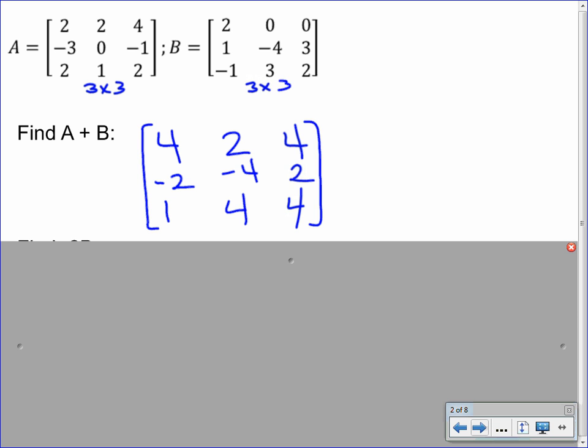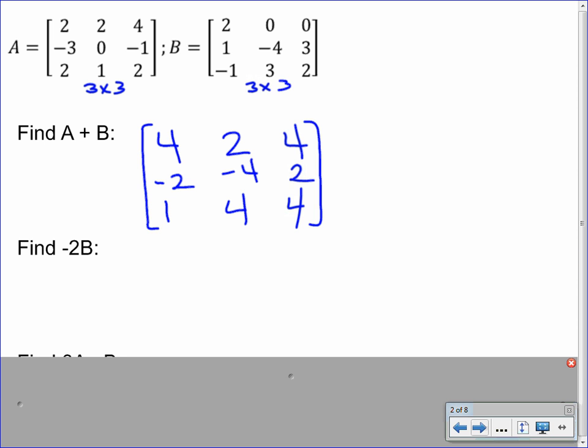Now, if you wanted to add these two together, you could put those numbers in a 3 by 3 matrix in matrix A, put these numbers in a 3 by 3 matrix in matrix B, and you literally just pull up matrix A, hit the plus sign, pull up matrix B, hit equal, and it'll give you the sum of the two. Probably more work to check than you really want to do, but if you want to check your work, you can do that.